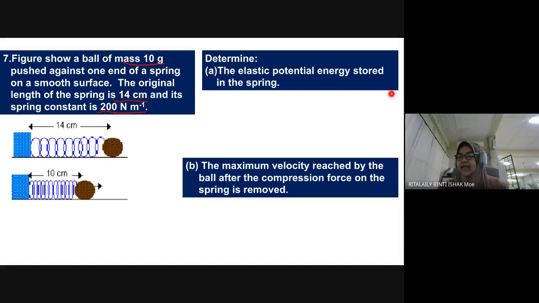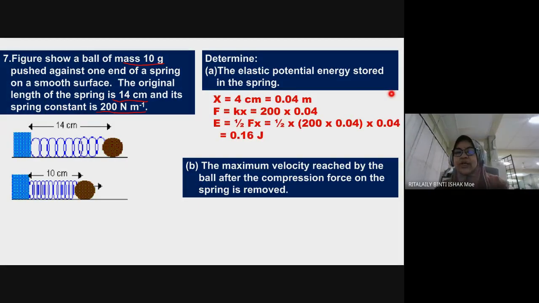Yes, A. Which formula? Okay, so half kx square. So we use half kx square.